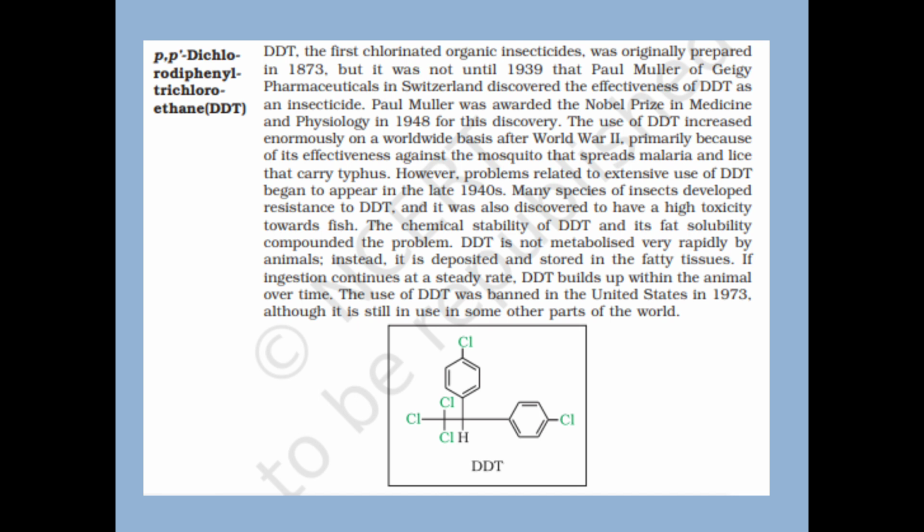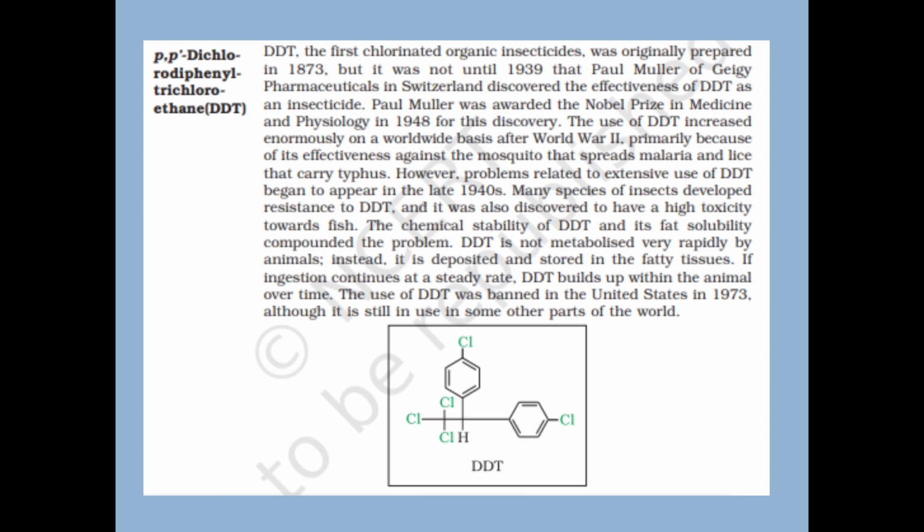The use of DDT increased enormously worldwide after World War II, primarily because of its effectiveness against the mosquito that spreads malaria and the lice that carry typhus. However, problems related to the extreme use of DDT began to appear in the late 1940s.